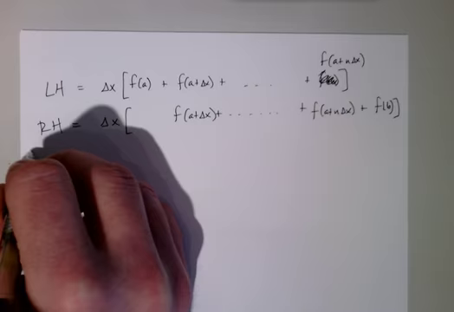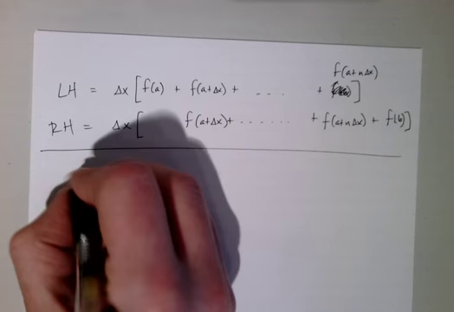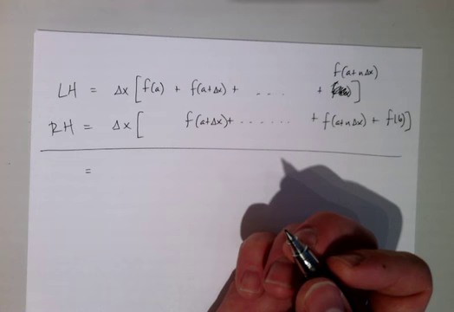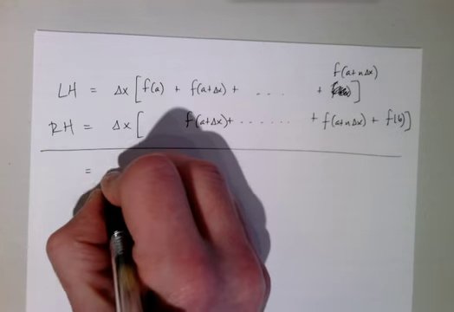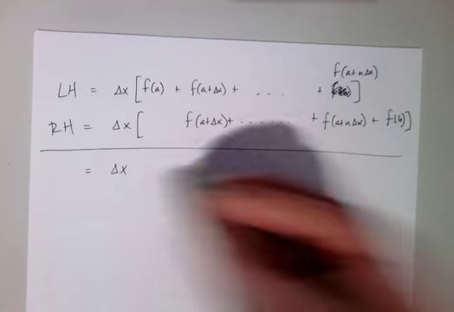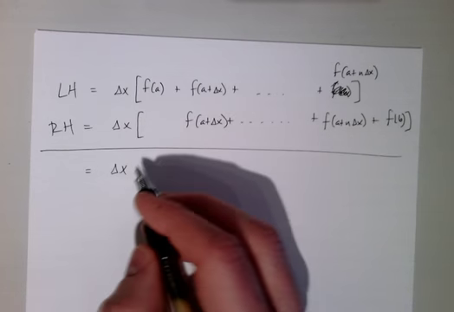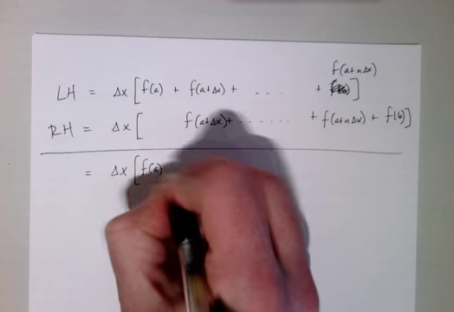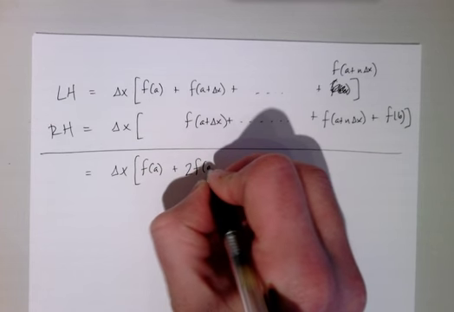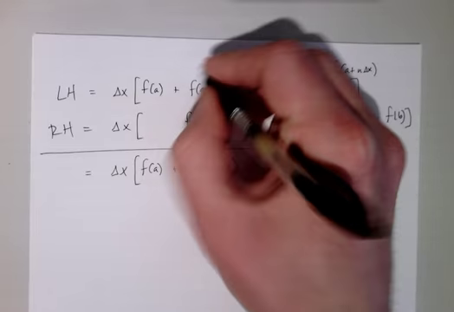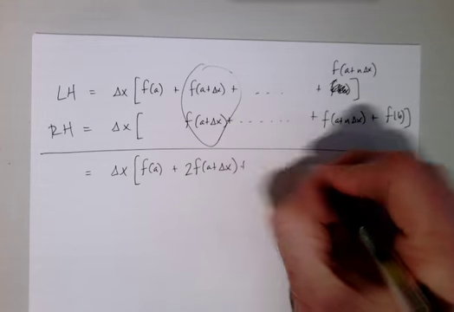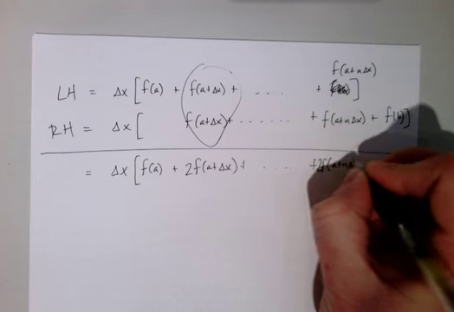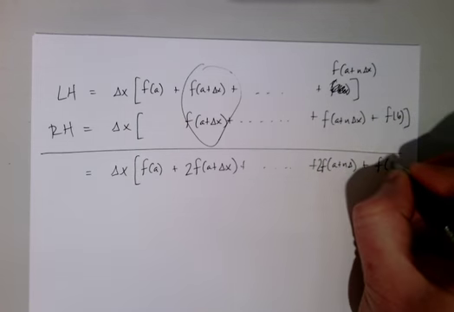And notice what happens if you were to add these together. The delta x is factored out of all of these, so that's not going to double. But you do get f of a plus 2 f of a plus delta x, the sum of those, plus dot, dot, dot, plus 2 times f of a plus n delta x plus f of b.